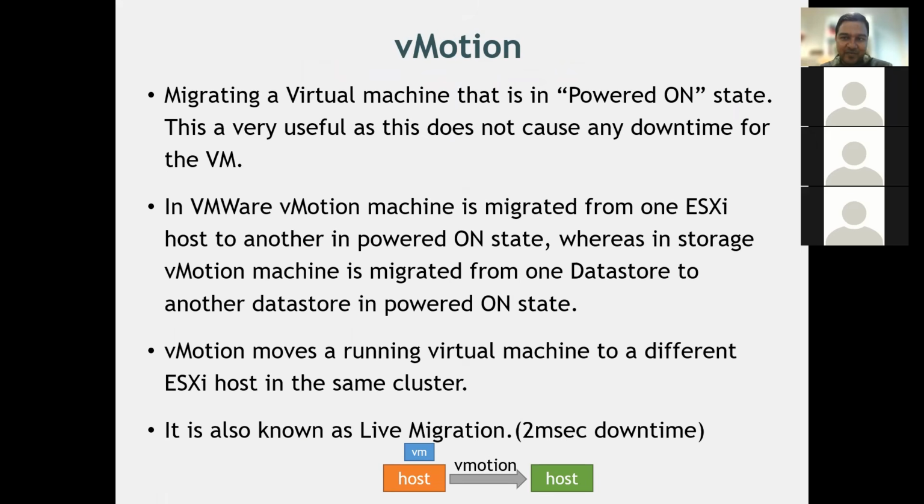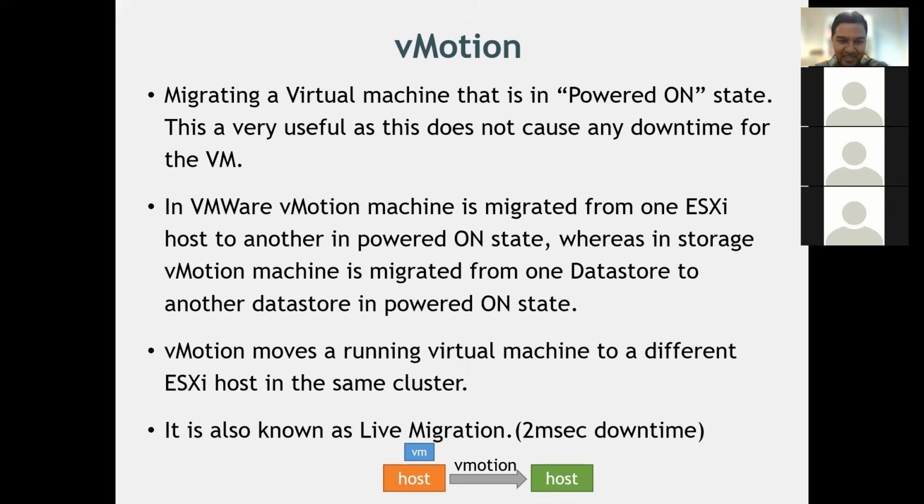Imagine when we are walking or running, at some point our body is in the air. Both feet are not on the floor. Even as humans, when we are walking, for a few milliseconds our body is in the air. And that is what we are doing, migrating a VM from a host in the US to a host in Europe, in different data centers, and the downtime is only 2 milliseconds.